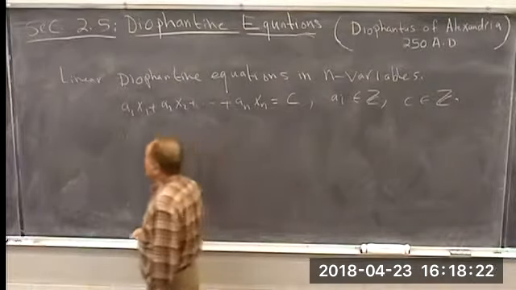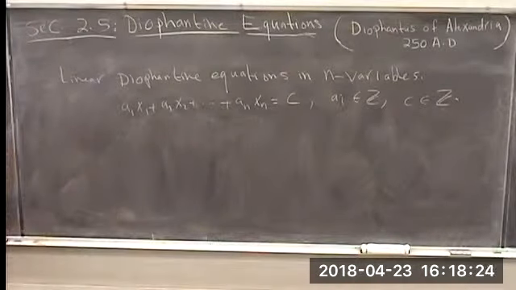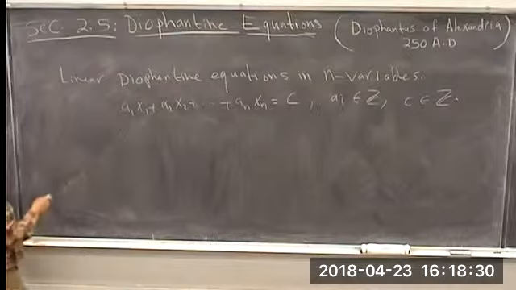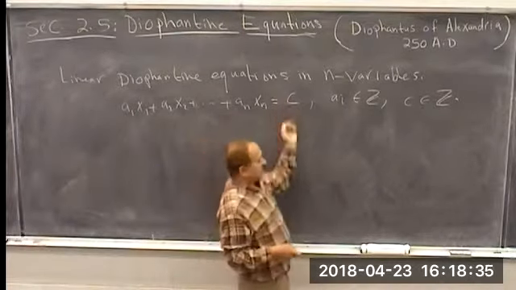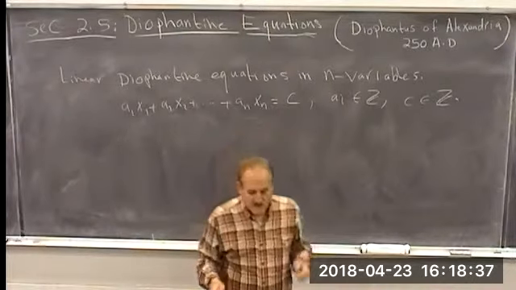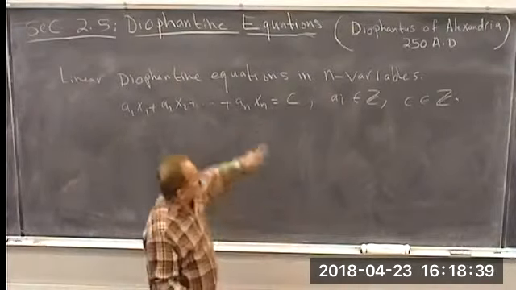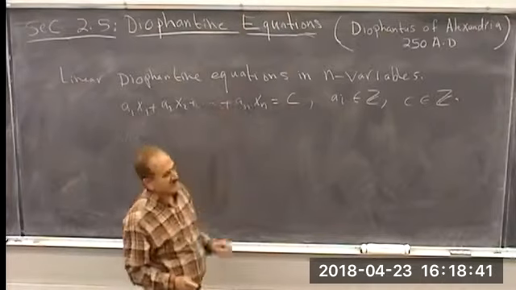The question is, under what conditions this equation is solvable? And we're going to see it is the same. That is the greatest common divisor of all the coefficients must divide the constant. And once this equation has a single solution, it has infinitely many solutions.